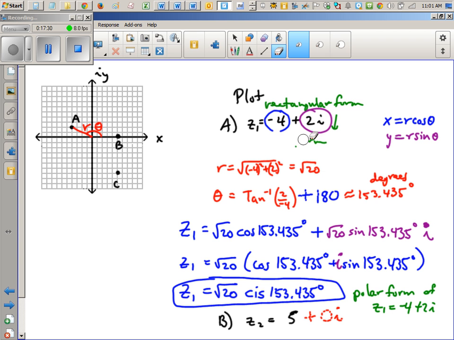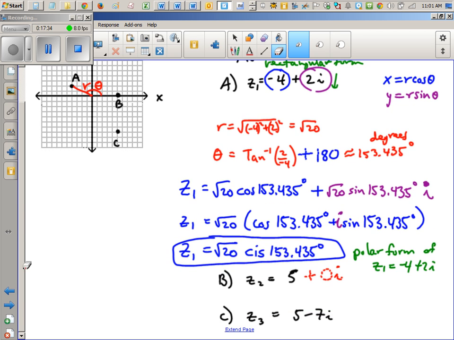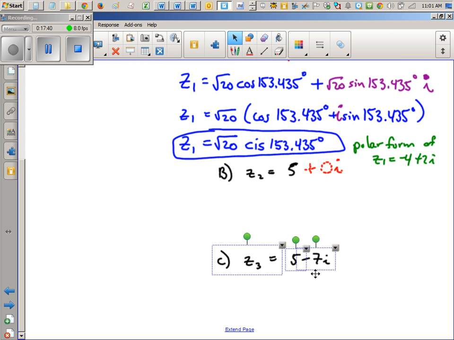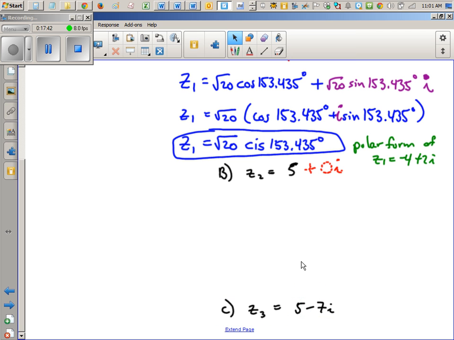Can you do point B? So I will help you with point B a little bit. Point B is quite a bit easier. The y value here is 0, so this makes it quite a bit simpler to understand.